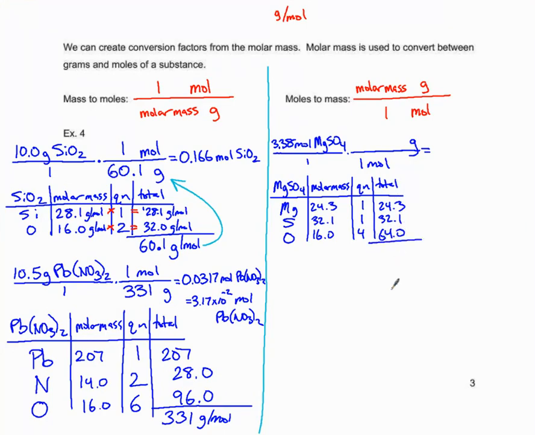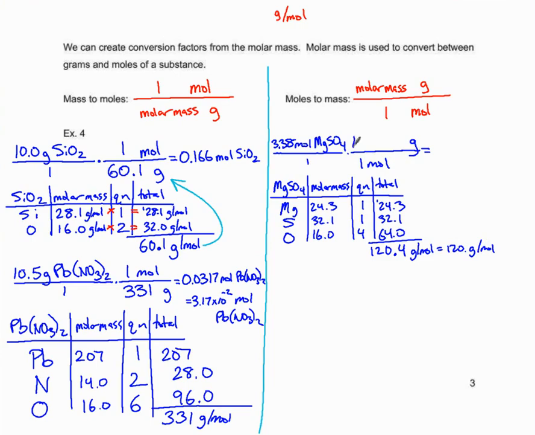We add the totals column, 120.4 grams per mole. And we used 3 significant figures, and so we're going to call this 120 grams per mole.